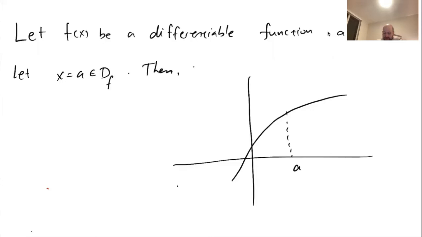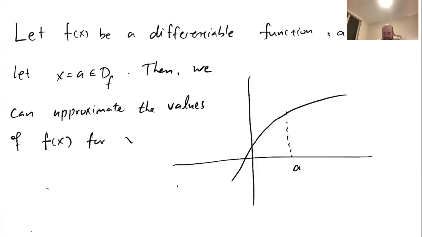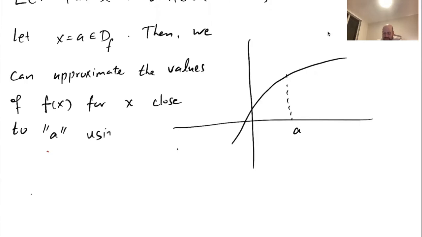Then we can approximate the values of f of x for x close to a using the tangent line at x equals a. So let's say this is a tangent line at x equals a.